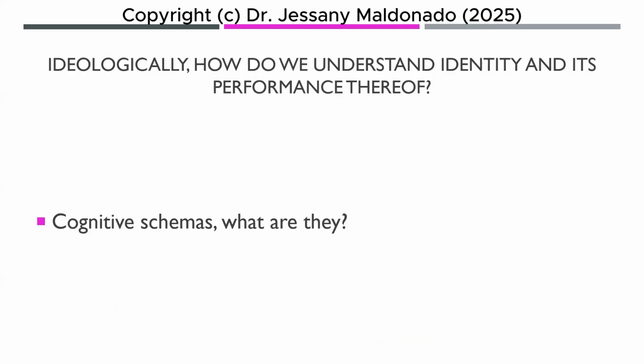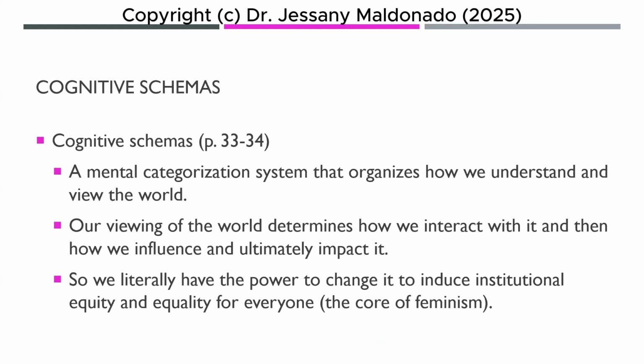What are they ideologically? So, cognitive schemas are these mental categorization systems that help us organize how we understand and view the world. So, our viewing of the world determines how we interact with it. And then our interaction determines how we ultimately influence and impact the world. So we literally have the power to change the world in order to induce institutional equity and equality for all, which is the core of feminism.